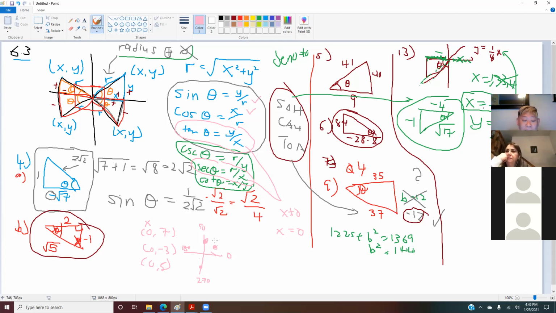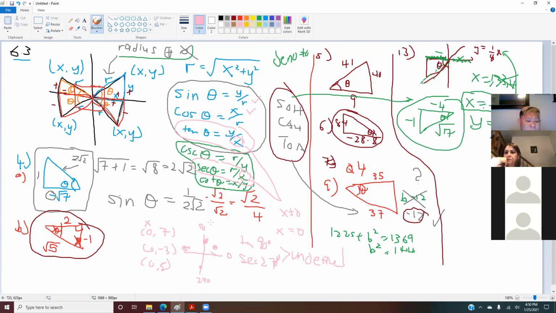So what happens in this case when you want to find tangent 90 degrees or secant 270 degrees, this is undefined. The reason why this is undefined is because your x value will become 0. And anything divided by 0 is undefined.